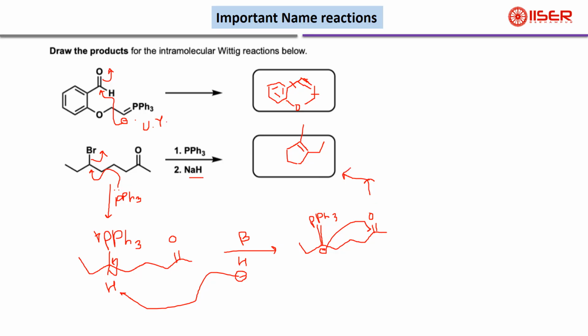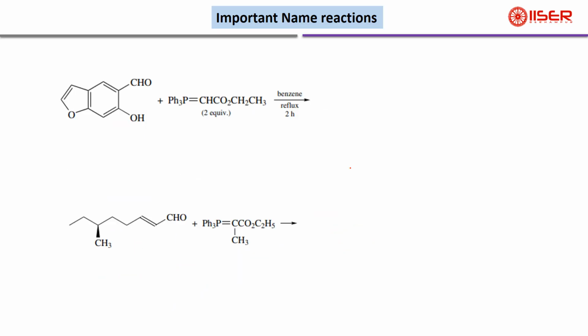I jumped some steps. I hope you have understood. Okay, so this will be our product. So they have given two reactions with two different halides. What will be the product?